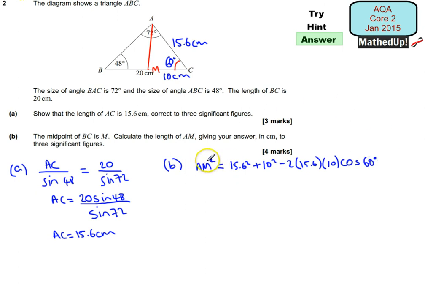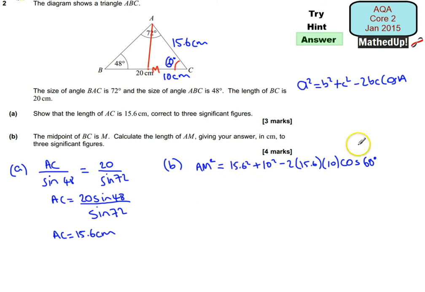Okay, so I'll just clarify, this comes from a squared is equal to b squared plus c squared, take away 2bc cos A. That's my cosine rule. Okay, so again, I can now use my calculator to work this out.